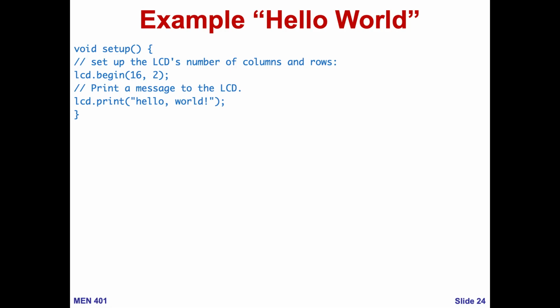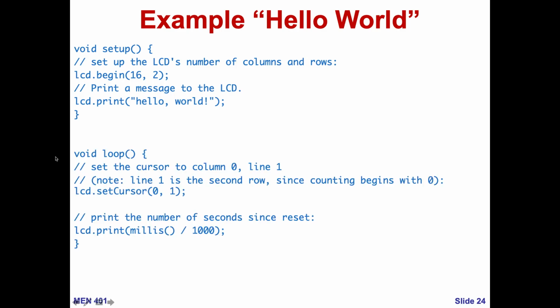If I also want to see, for example, the number of seconds since the Arduino has reset, this is what I will do. If I want this number of seconds on the second row, I will set the cursor to the first column, second row, because they are indexed from 0.